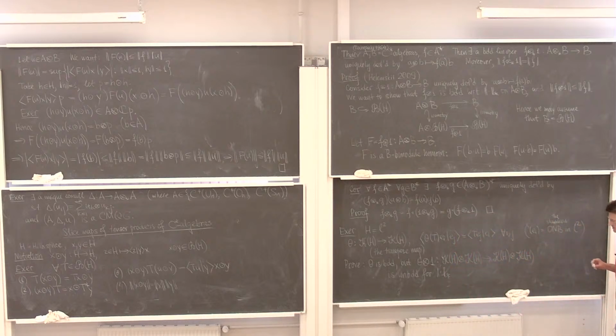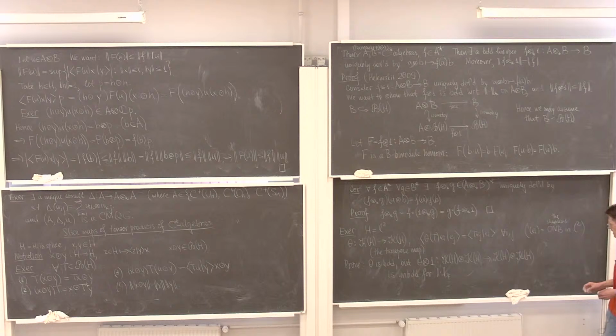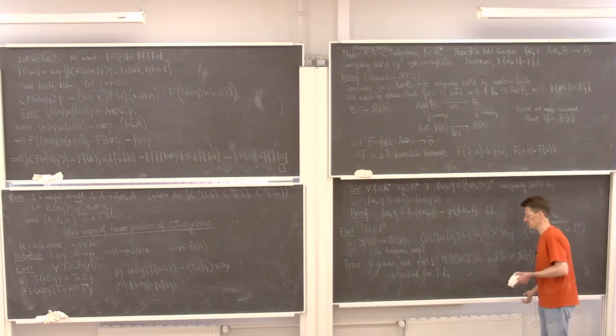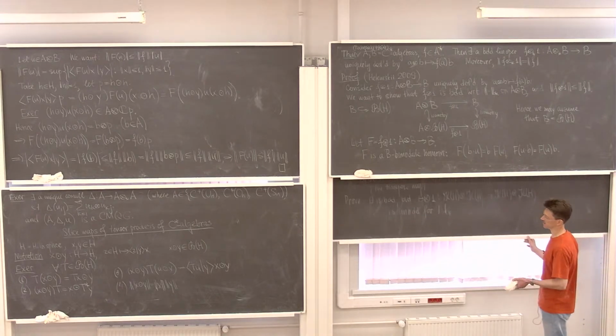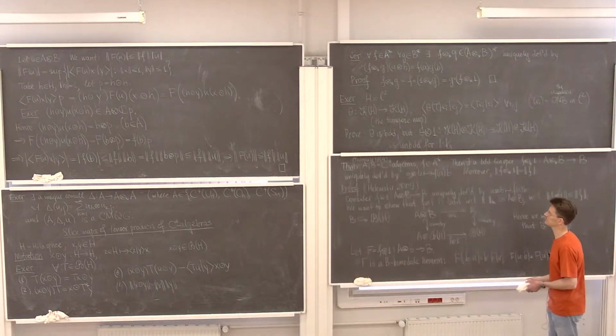So this exercise shows that, in general, our construction cannot be extended to arbitrary bounded linear operators. So it works for functionals, it works for star homomorphisms, but in general, it doesn't work for bounded linear operators.